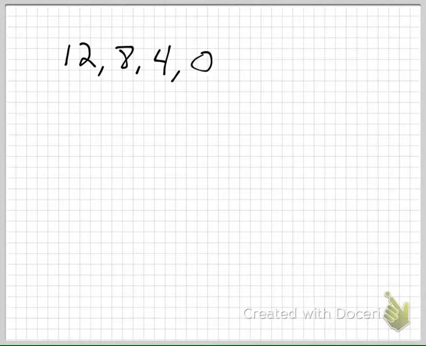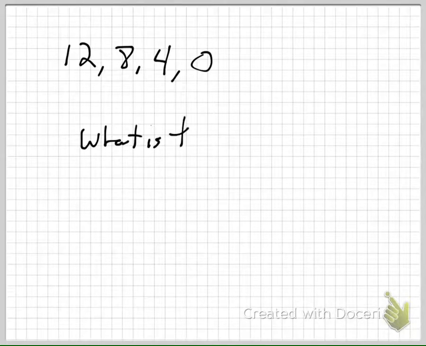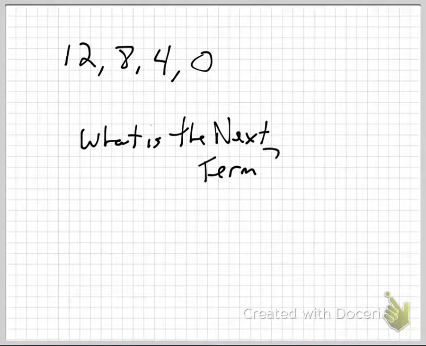The next part I'm going to give you, you have done many, many times. If I give you these terms, 12, 8, 4, 0, and then I say, what is the next term? What you do is you first need to find the pattern.